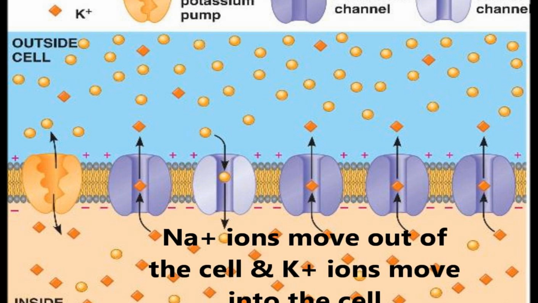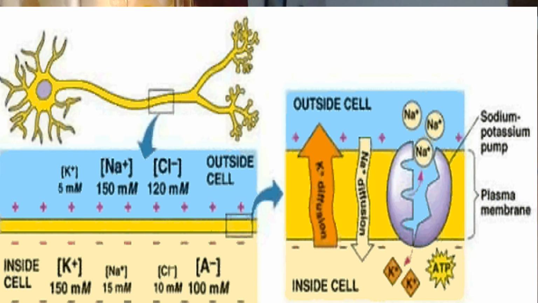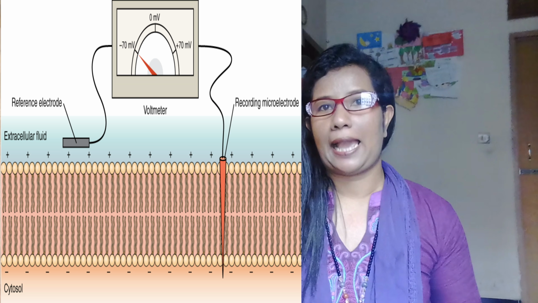In fact, the potential difference across the membrane briefly becomes even more negative than the normal resting potential. The potassium ion channels then close, and the sodium ion channels become responsive to depolarization again.